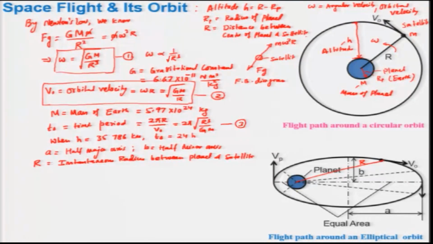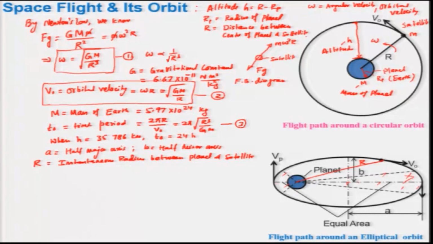Whereas in the case of a circular orbit, the radius remains constant, but it changes its direction as it moves. As a result, when this radius moves, it scans the space, and it sweeps out equal areas of space during equal amounts of time. So this area will be the same as that area.